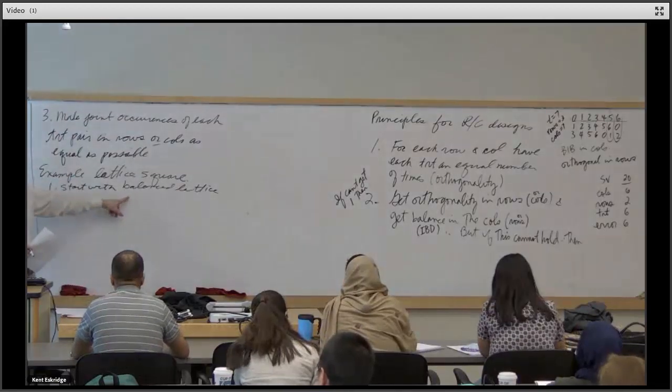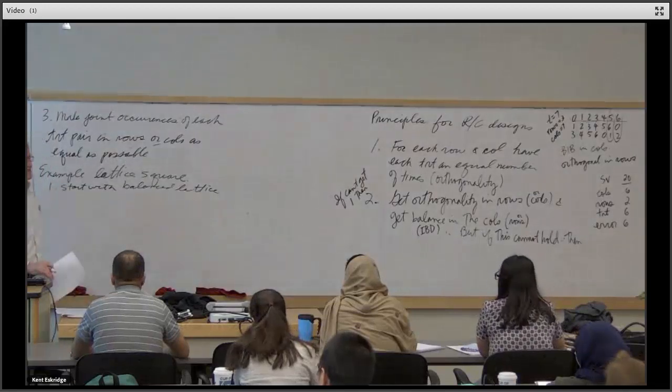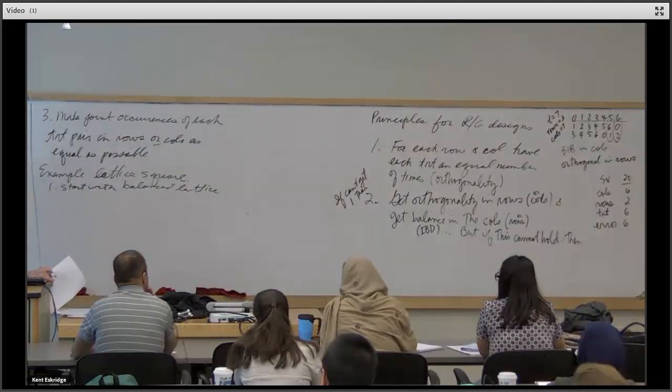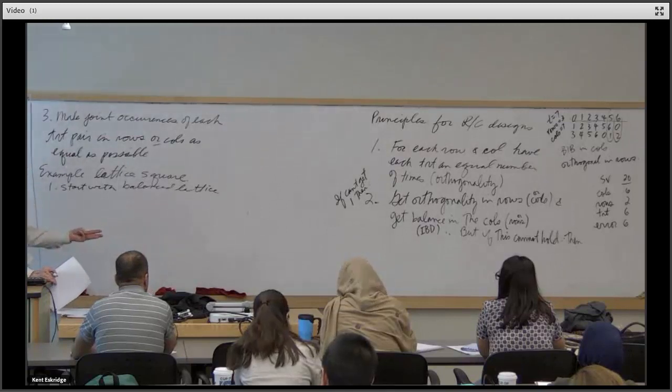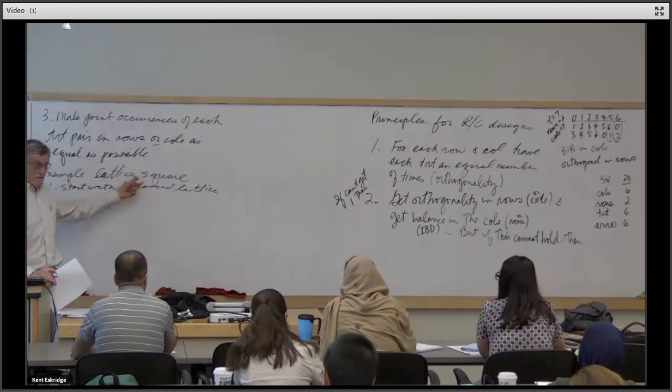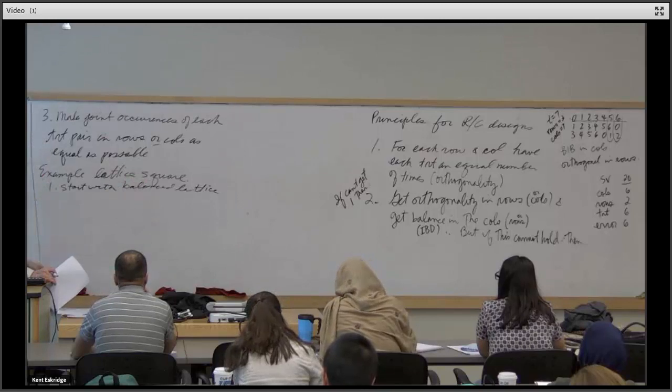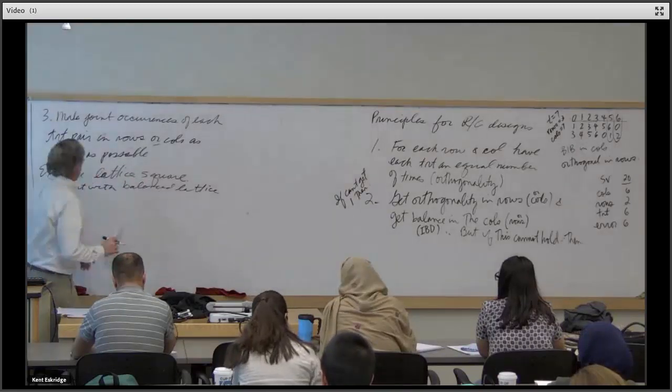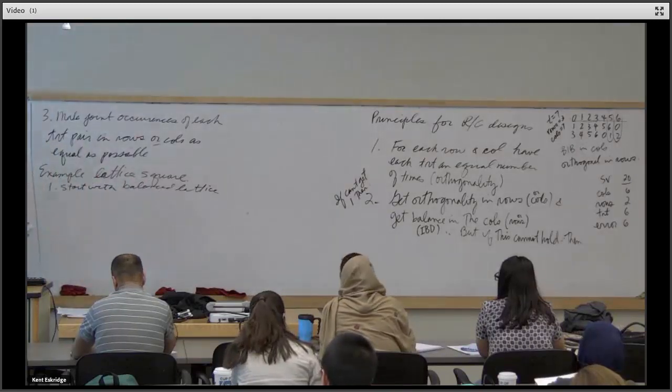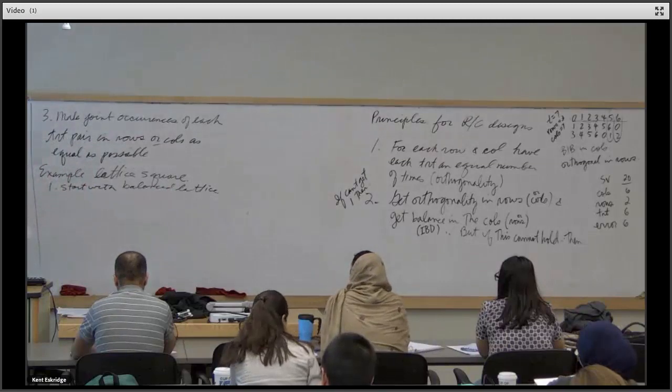Now, I'm not going to ask you about balanced lattices, but the example I gave you was a 3 by 3 factorial, confounded in blocks of size 3. Remember the example I gave you? Okay. So that's not beyond the confounded factorial stuff. So you know how to get a balanced lattice. Remember, we got 4 replicates for that. There's a handout on that.